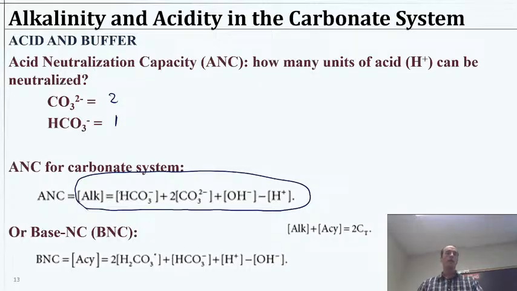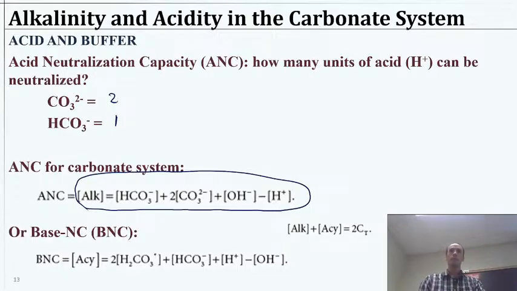So then H2CO3 is essentially accounting for 2 OH minuses, HCO3 is accounting for 1, and H plus will account for 1, and all that minus OH minus. So don't worry too much about that. It's just if we put it all in reverse, we can have the same principle.